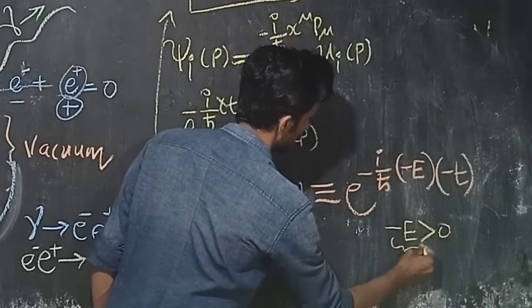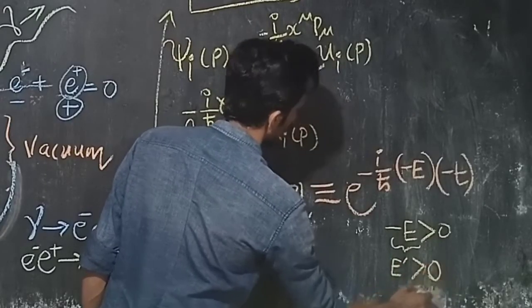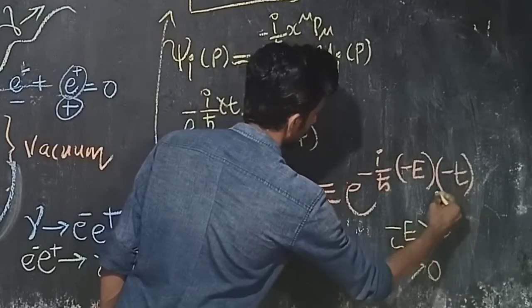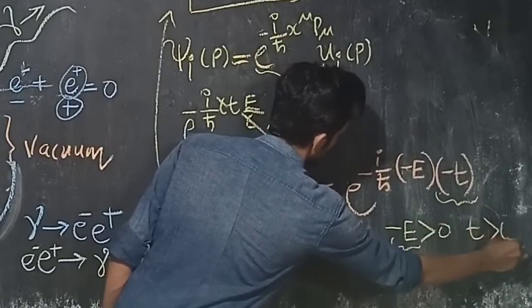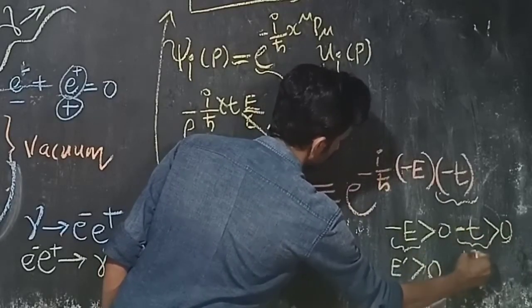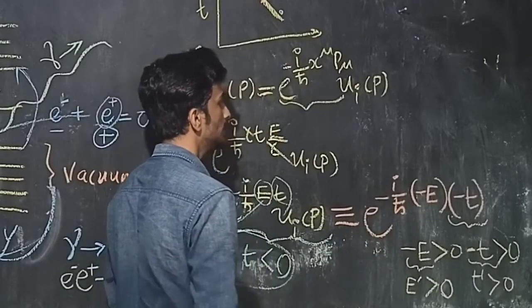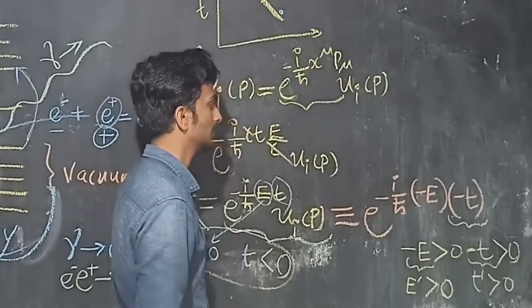Let me denote this minus E by some E dash, and this E dash is positive. And this is minus t, so this minus t is effectively running forward. t is greater than 0, minus t is greater than 0, so let me denote it by some t dash, which is greater than 0. So this equation tells us a positive energy antiparticle that travels forwards in time.